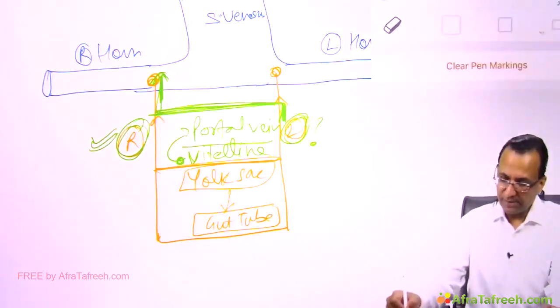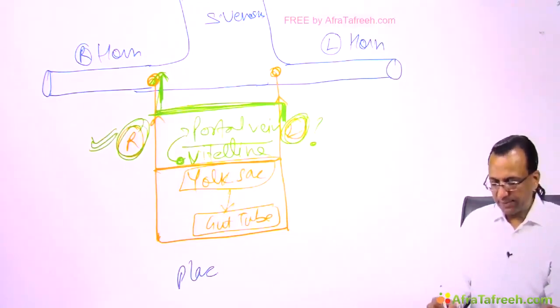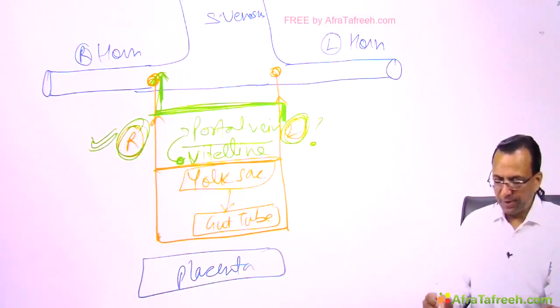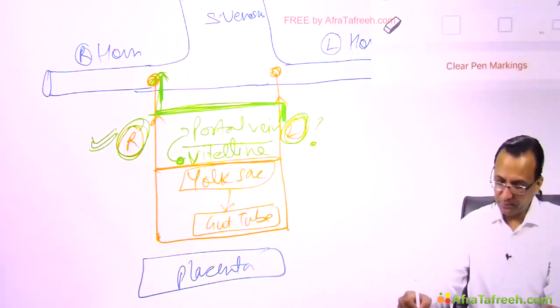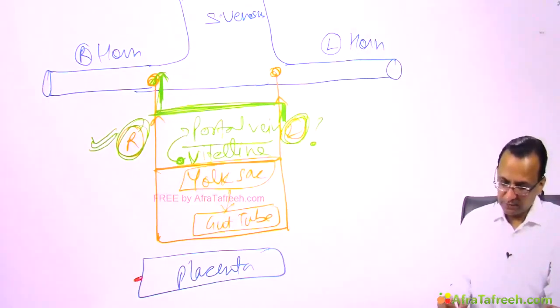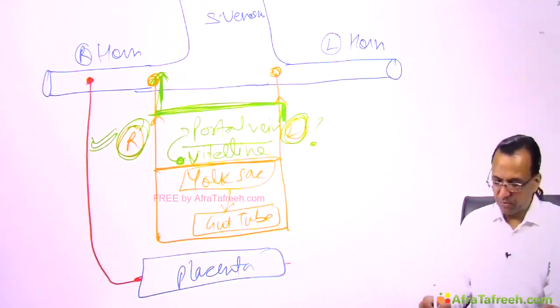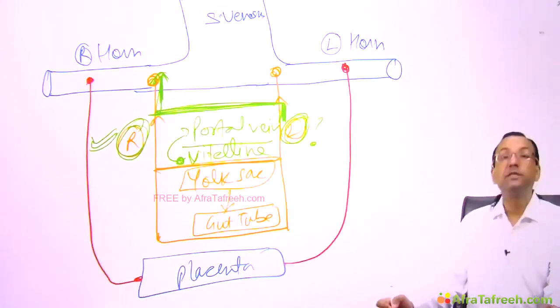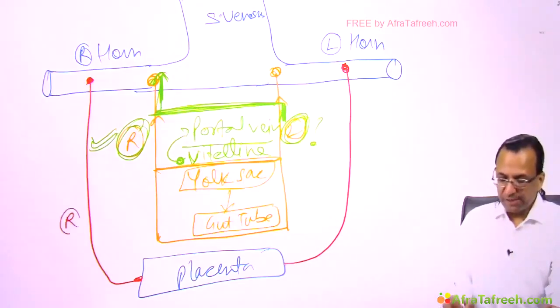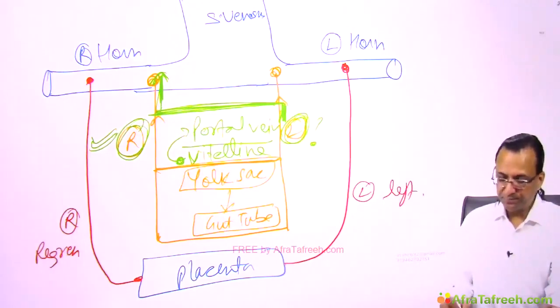If you're talking about the placenta, this is the placenta now, and placenta is having some veins which are draining where? See, this is placenta sending veins into right horn and left horn of the sinus venosus. Yeah, okay, but in fetal circulation what happens is right regresses and left is left. What is that?